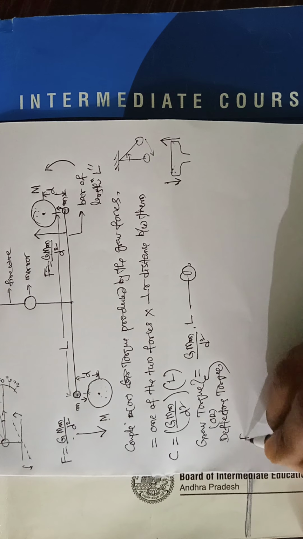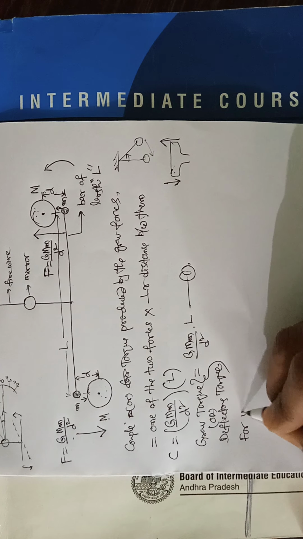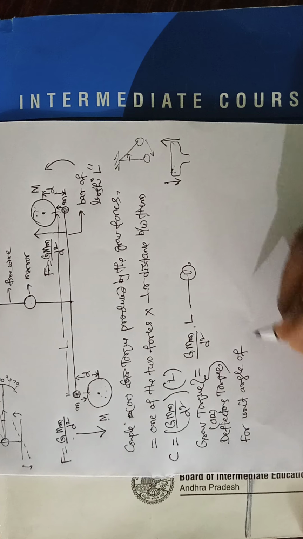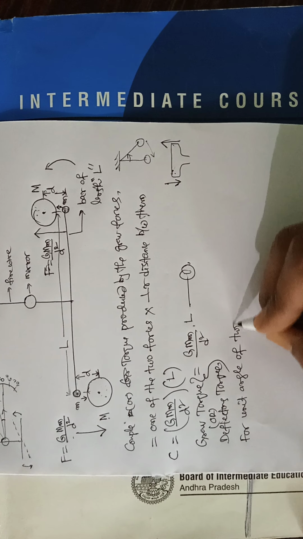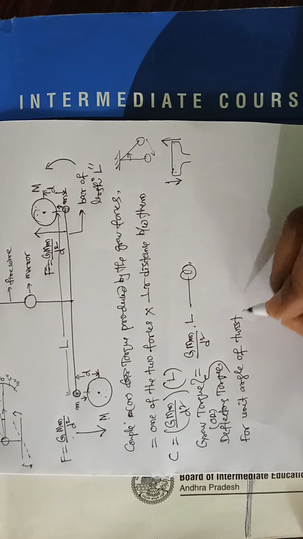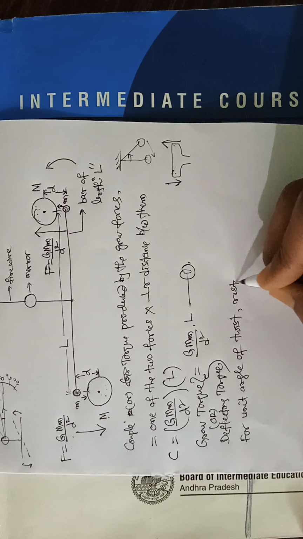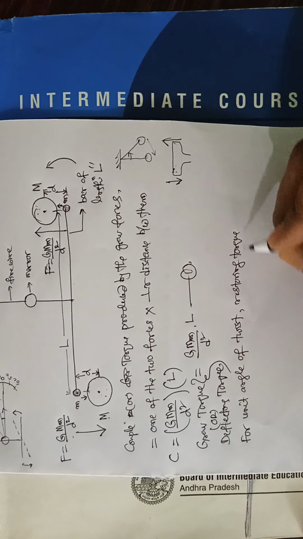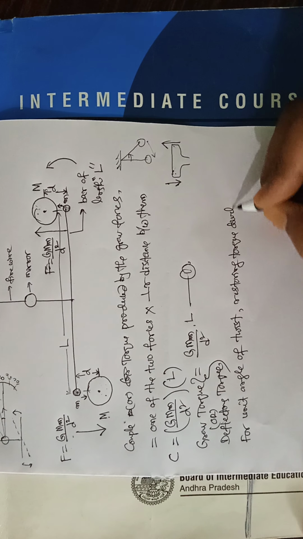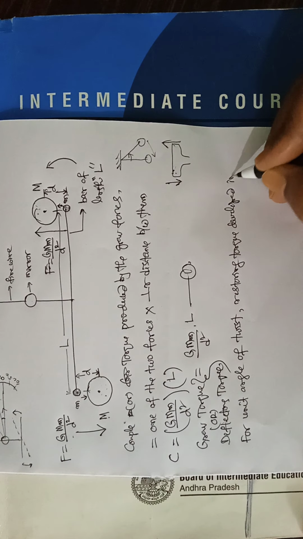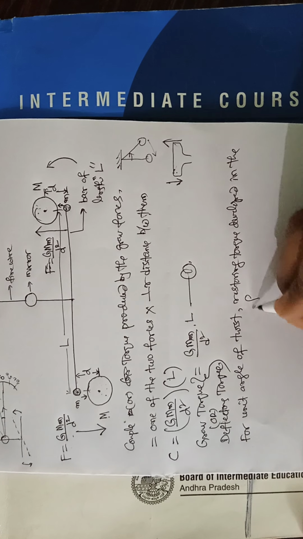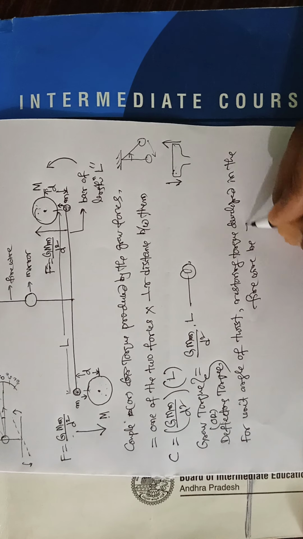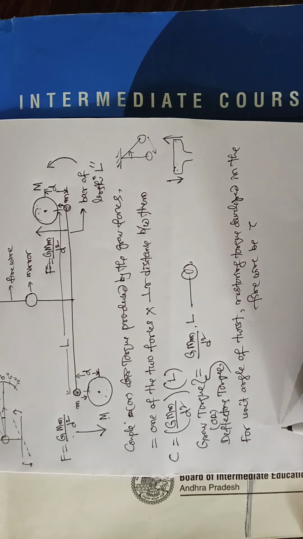Suppose for unit angle of twist, the restoring torque developed in the fine wire is tau.